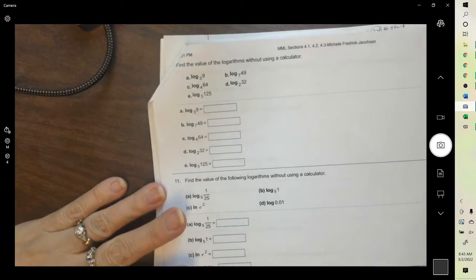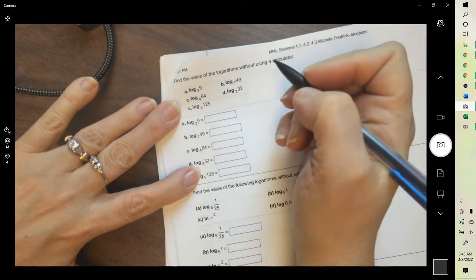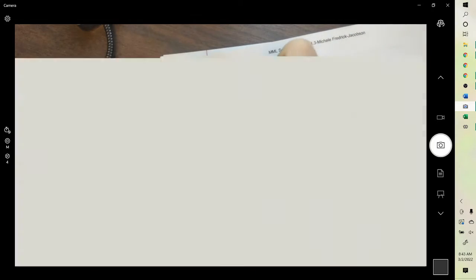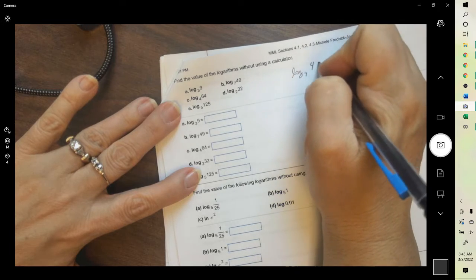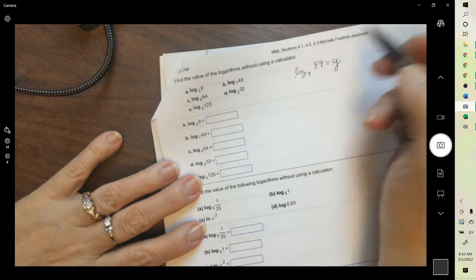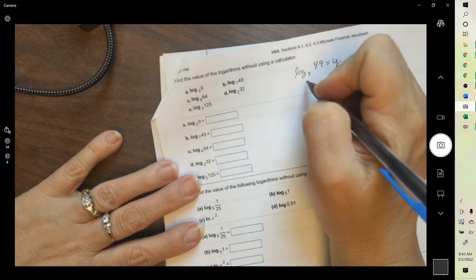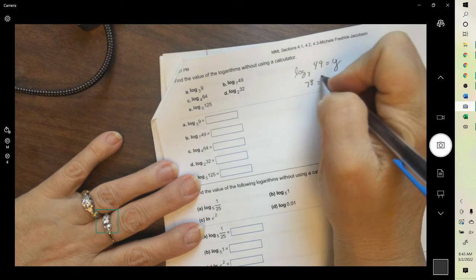Okay, finding the value without a calculator, we'll do a couple of them. Let's do log base 7 of 49. First thing you want to do is rewrite it and get rid of the log. So that would be 7 to the y equals 49.